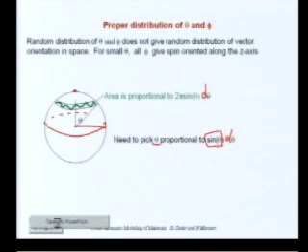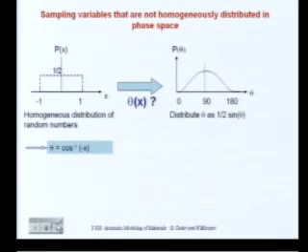So how do you do that? You have to go from a homogeneous distribution of random numbers, which I've taken for convenience here as going from -1 to 1 rather than from 0 to 1. And you want to go to a random variable that's distributed with a frequency between 0 and 180, if you're working with an angle, but you want it to be distributed like the sine of theta.